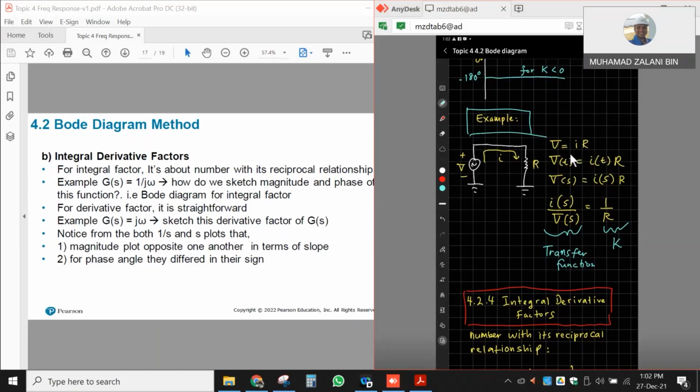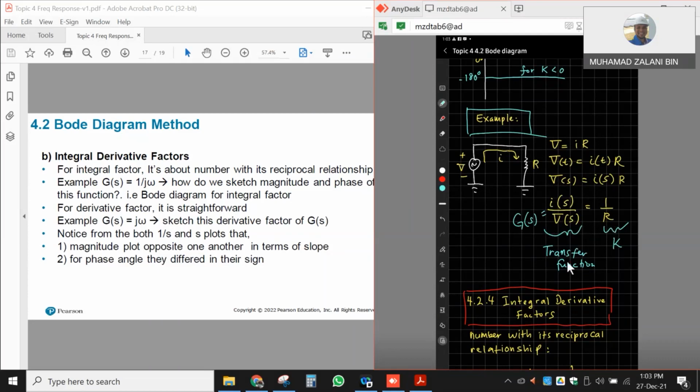Then we substitute t with s to represent this equation in the frequency domain. Then we can find the transfer function of the system. Let's say this is G of s, so G of s equals I(s) divided by V(s), which equals 1 over R.